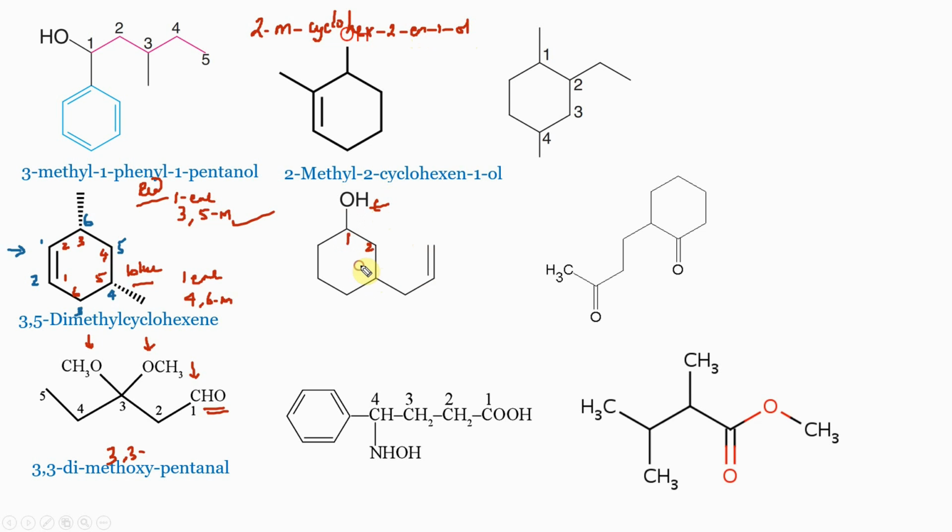So 1 2 3. What is there at 3? What is this functional group? Prop, in prop there is an ene. So this is an allyl functional group. Correct? Allyl functional group, what do you do? If there is an allyl functional group you name it as 3 allyl, which is okay, or prop 2 ene 1 yl.